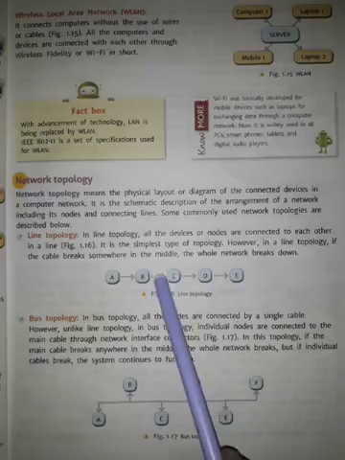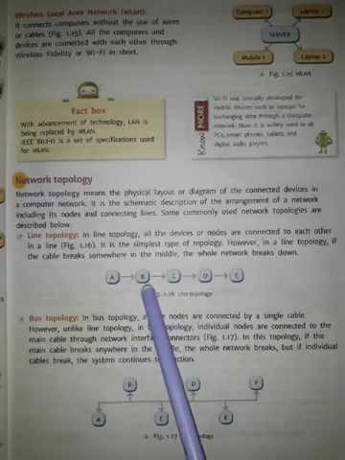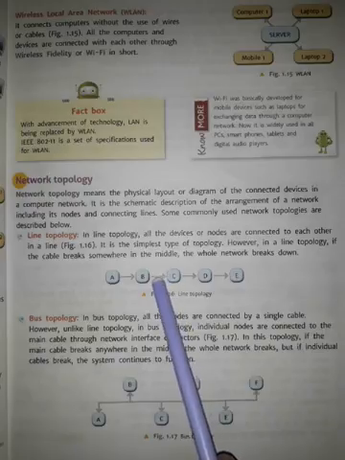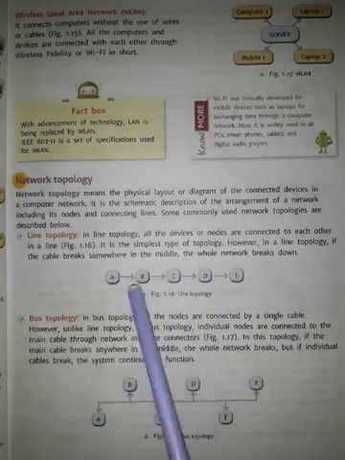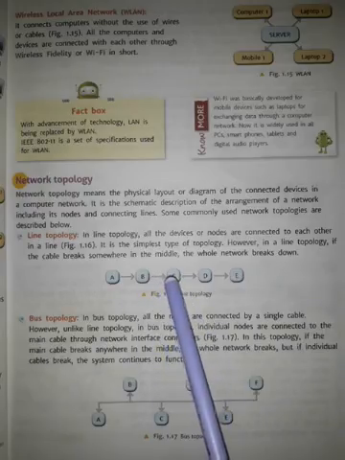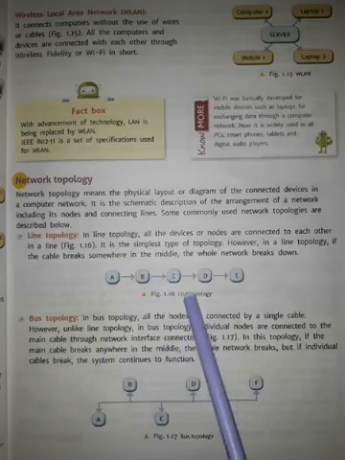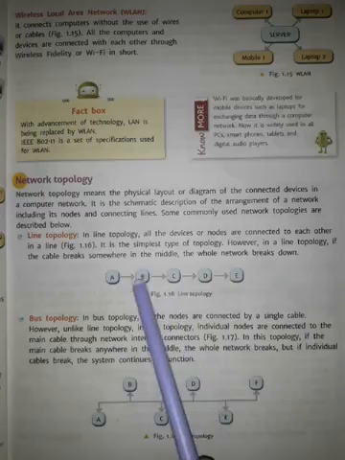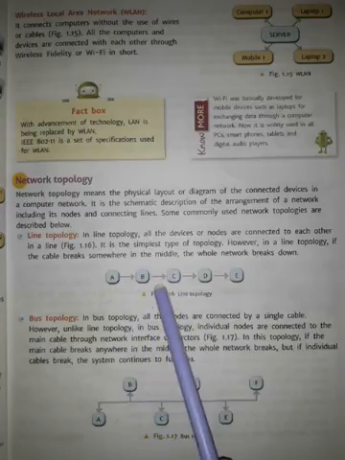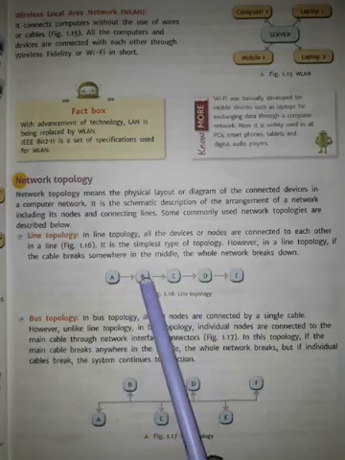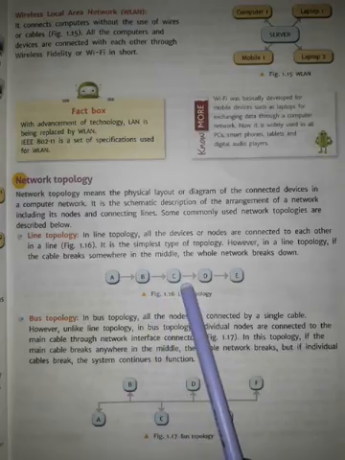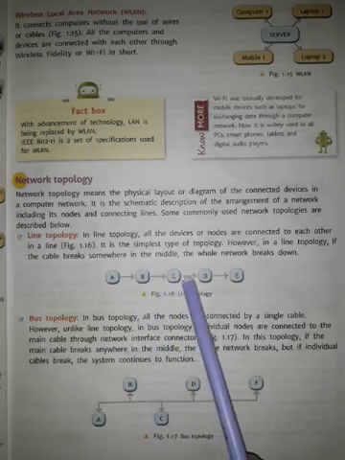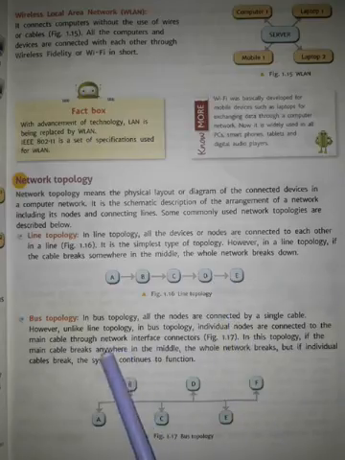If the cable breaks somewhere in the middle of the network, the whole network will shut down. So this is the very important cable of this network. You can also say this is a backbone.